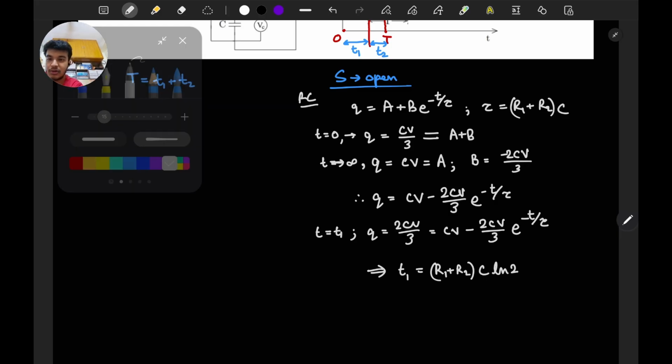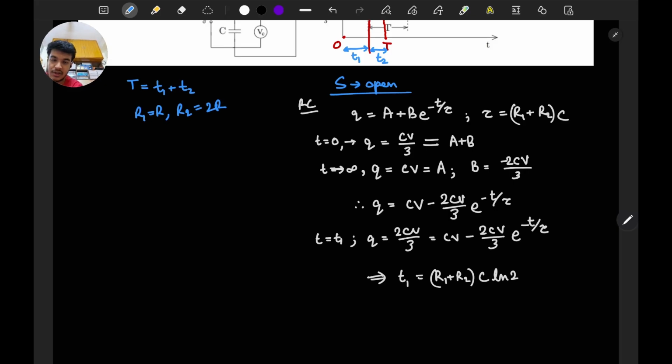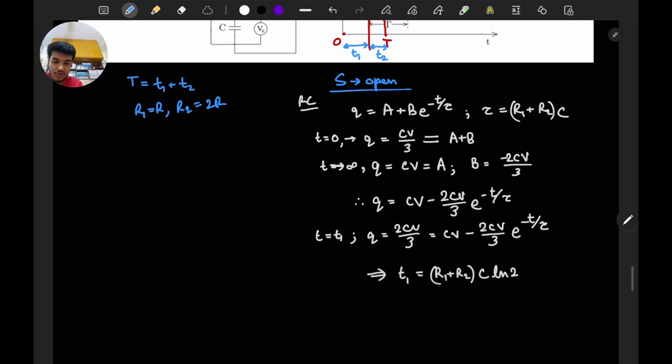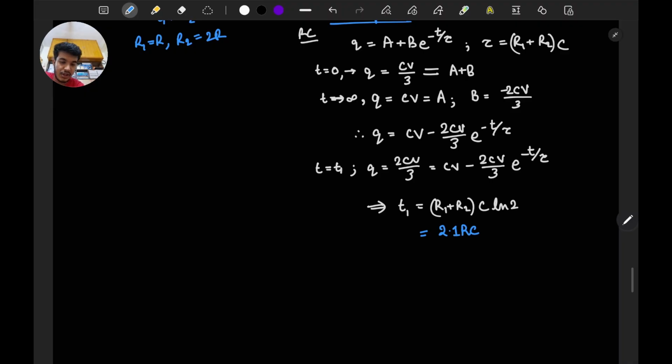Now, it has already been given that R1 is R and R2 is, I guess, 2R. So this is basically equal to 3RC into ln2, which is 0.7. So it is 2.1 RC.